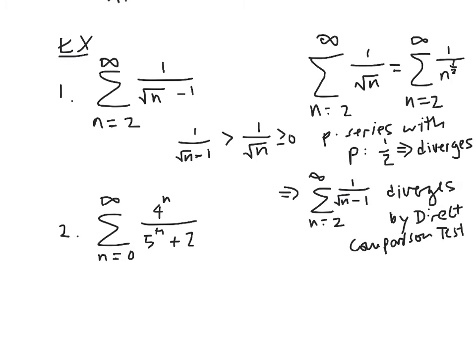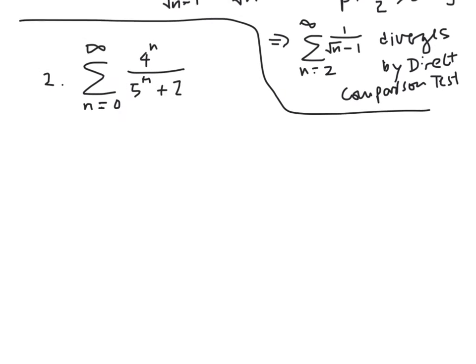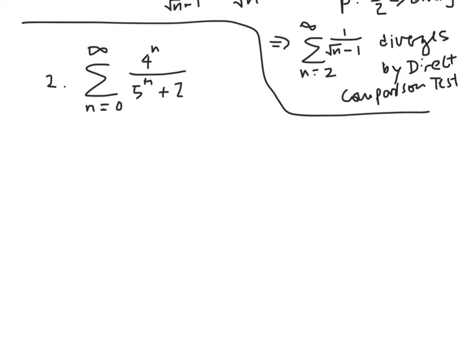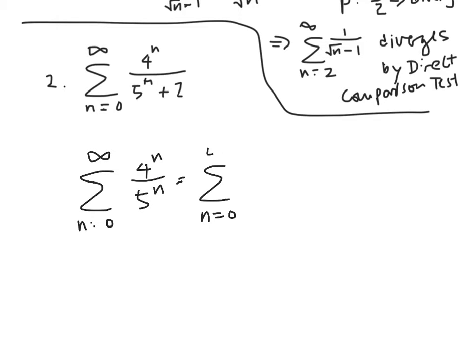Okay, now let's turn our attention to the second series. What did you compare it to in this? Well, you probably compared it to the series where we just have 4 to the n over 5 to the n, which is the same as the series 4 divided by 5 to the n.